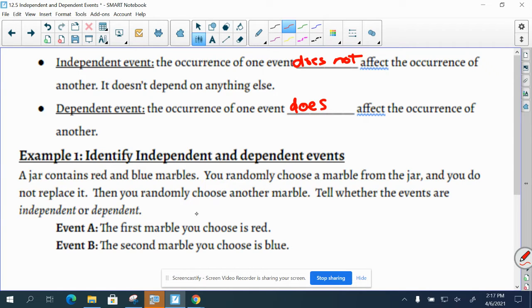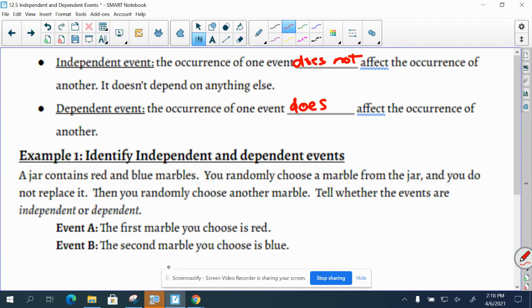You randomly choose a marble from the jar and you do not replace it. Then you randomly choose another marble. Tell whether the events are independent or dependent. So the first marble you choose is red, the second marble you choose is blue. Well, after you choose a marble the first time, the second time you have one less marble in the bag.